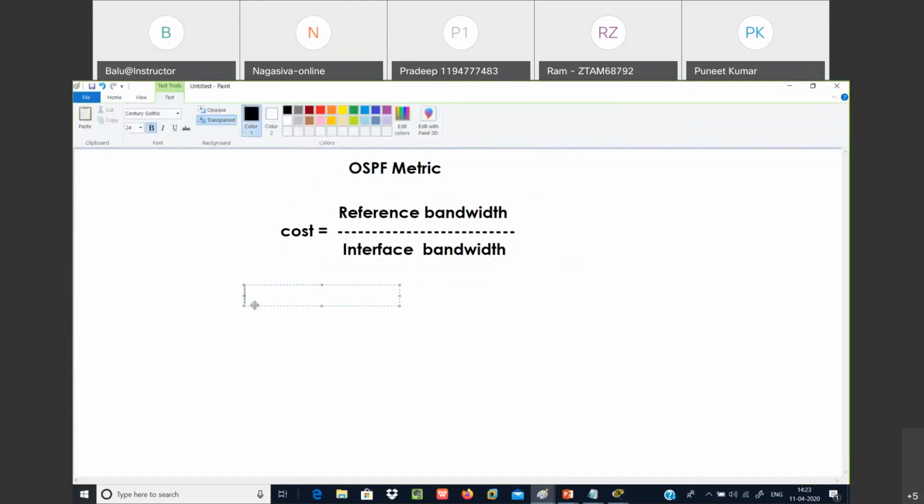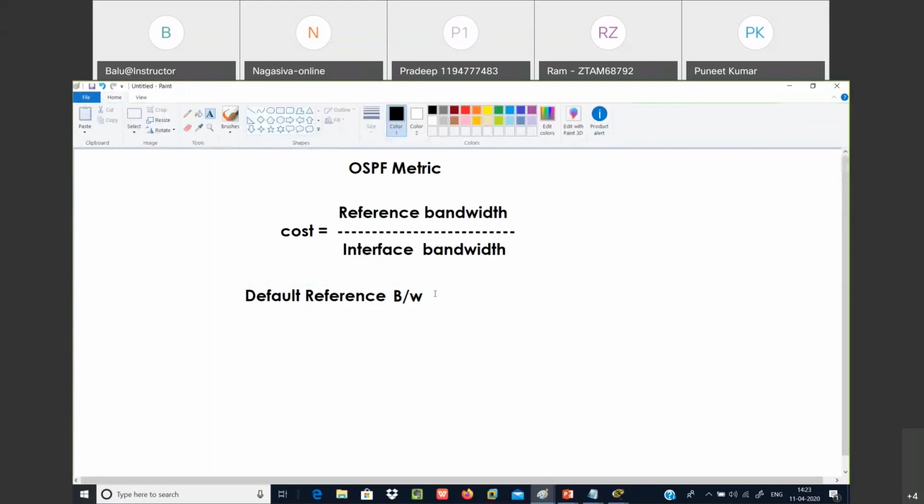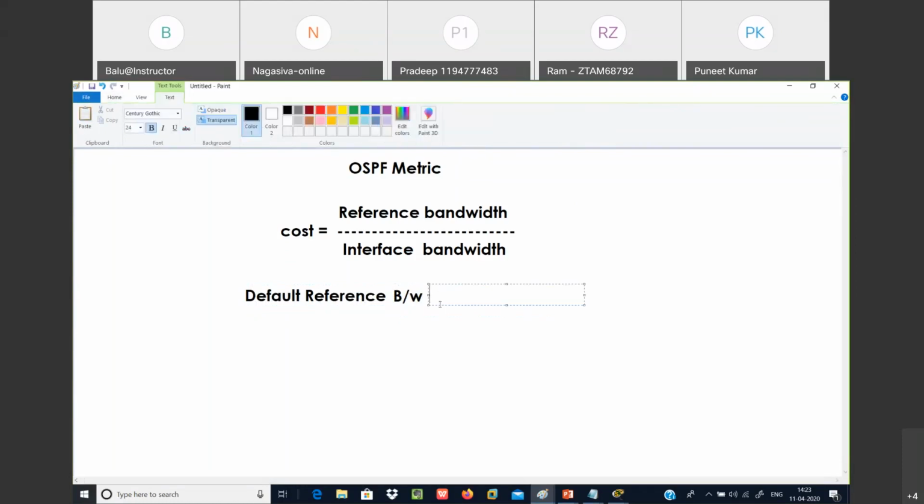What is the reference bandwidth? Default reference bandwidth is 100.